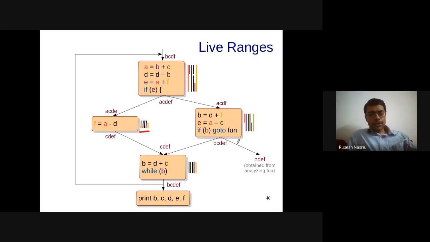Interestingly, all of these B, C, D, E, F are live throughout, a little after the definition of B. But C, D, E, F are live all throughout because there is a print at the end.